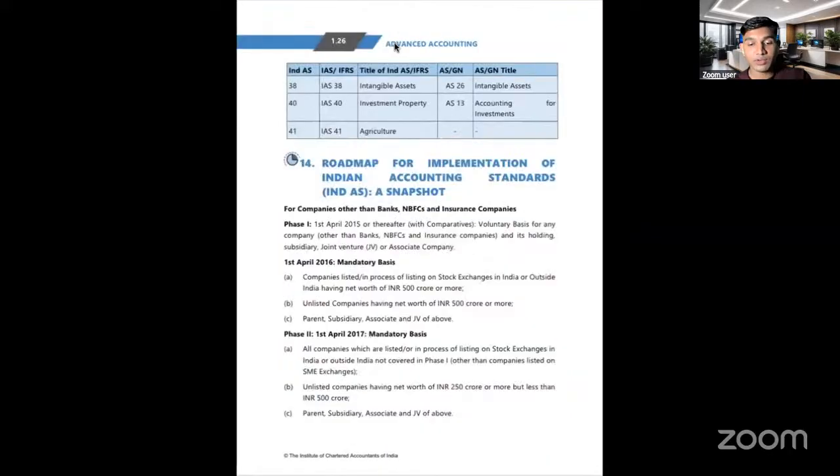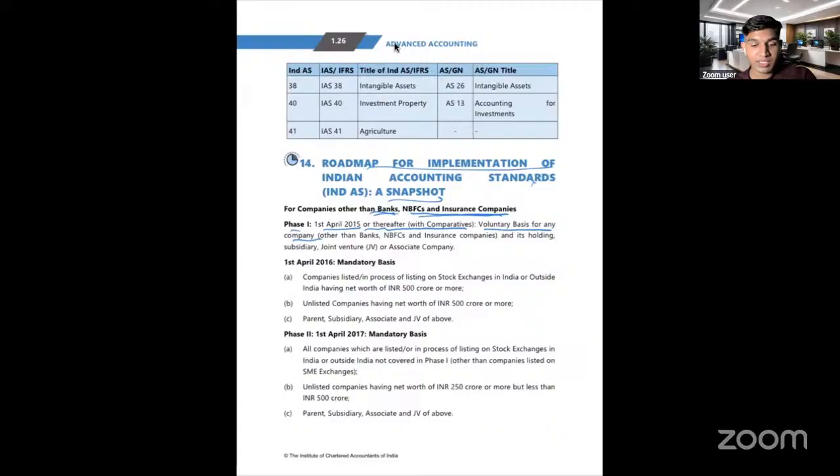Then we will see the roadmap for implementation of Indian accounting standards, a snapshot, like for companies other than banks, NBFCs, and insurance companies, and for banks, NBFCs, and insurance companies. Phase one: 1st April 2015 or thereafter with comparatives, on a voluntary basis for any companies.